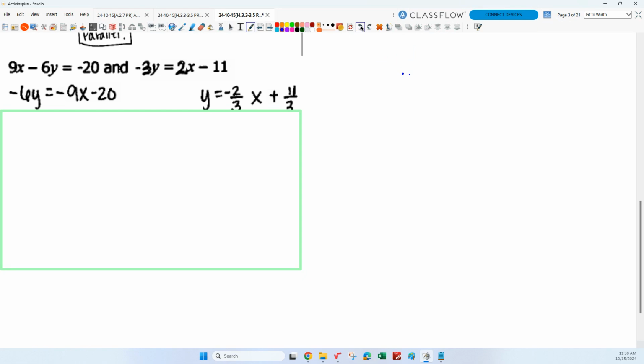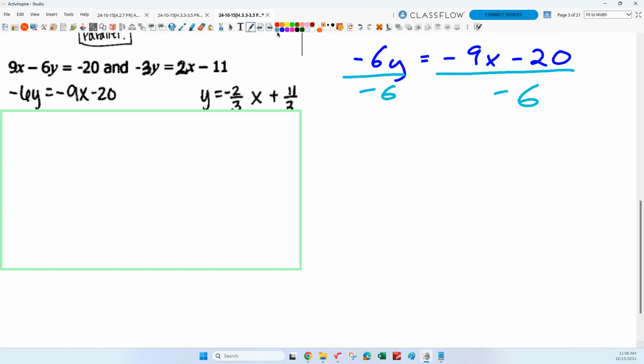-6y equals -9x minus 20. Okay, we're going to divide each side by -6, but that gives me a common denominator on the right. I don't really want a common denominator, do I? I want to split those fractions up, which is no big deal.